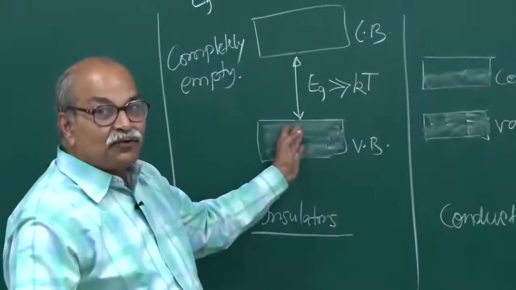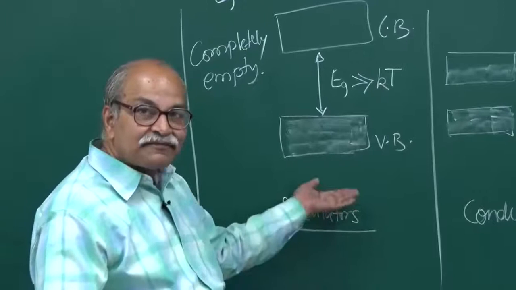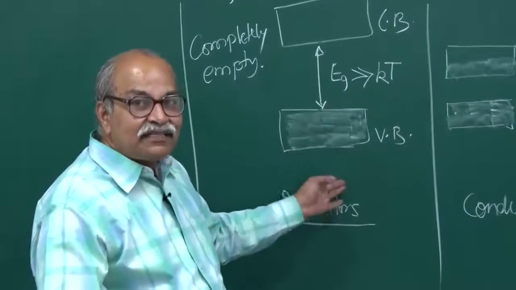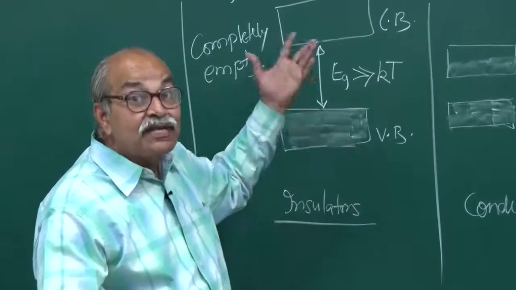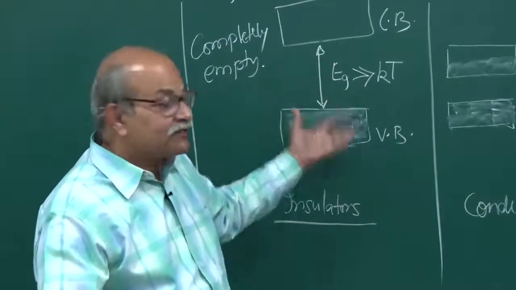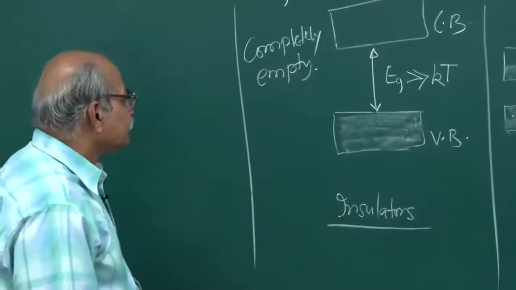These are the only electrons, and other electrons are all in the lower bands. None of these electrons is ready to accept that energy, and therefore this is a very good insulator. So, this is the class where you have insulators.